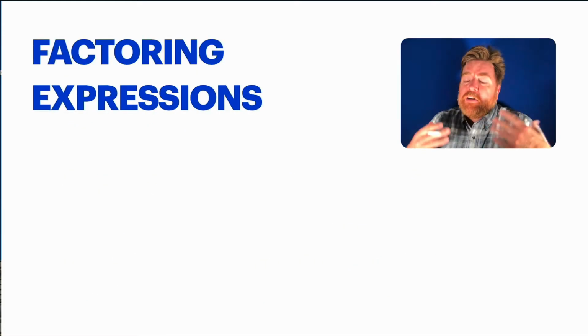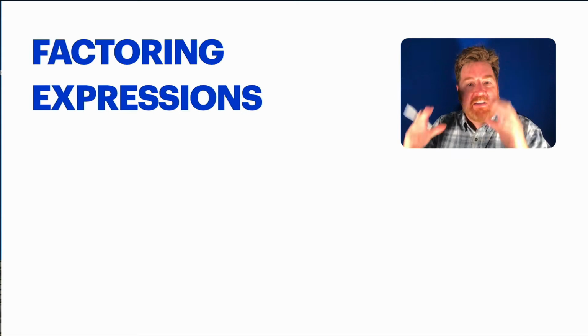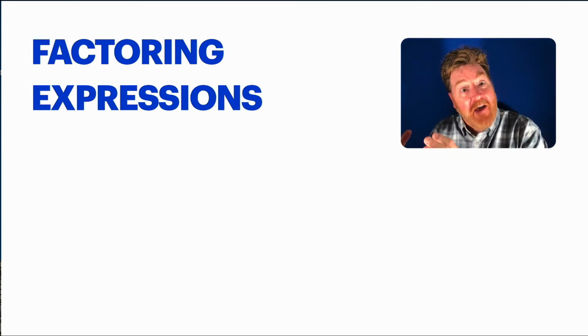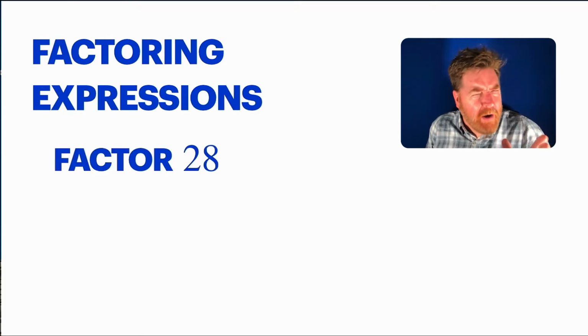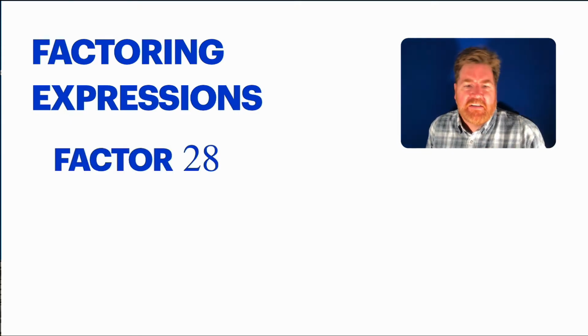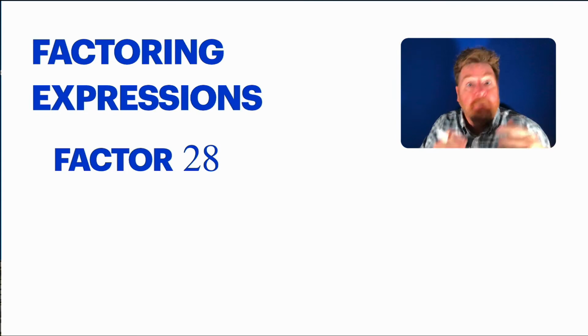Okay, turns out that the real important part of this is taking an expression that's not factored and factoring it, okay? So, for example, with numbers, I know you've done this in the past. If someone said factor 28, that means you're going to take it and write it as something times something.